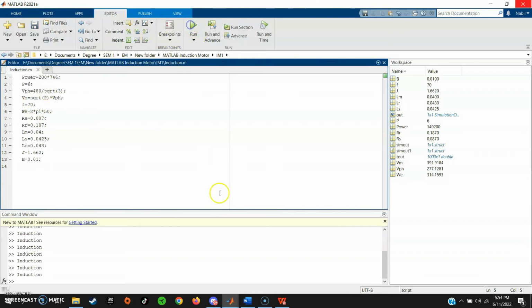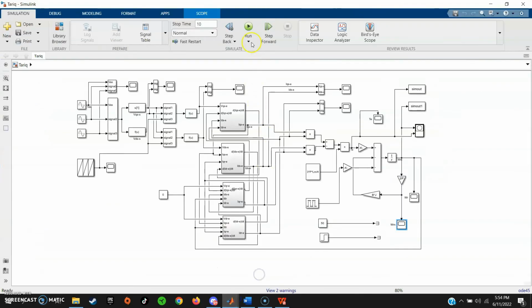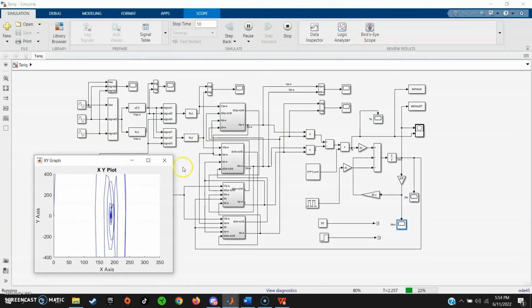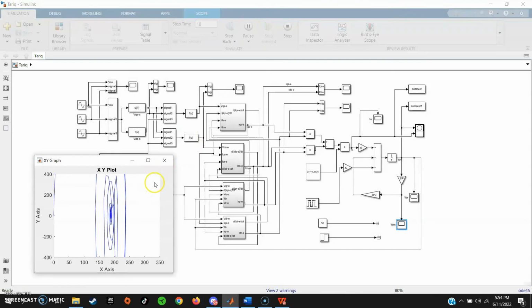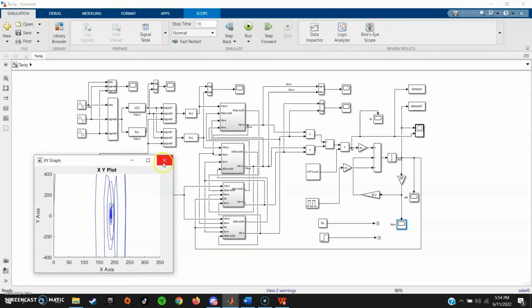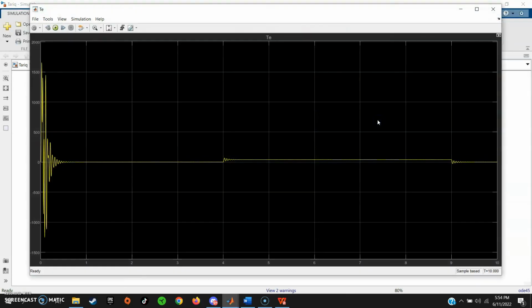I run, and this is the XY plot graph, and this one is the electromagnetic torque versus time graph. Okay, the graph we can see is maintained from 0.4 seconds until 4 seconds, and then a little bit increasing and maintained until 10 seconds.